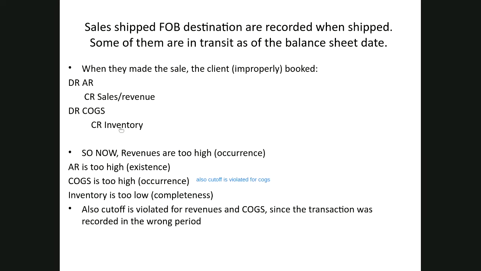Inventory is kind of the standout here because it winds up being too low because they credited it and they shouldn't have. So inventory has completeness violated in this case. Oh, I see, and I wrote the cutoff is violated for revenue and COGS down here. Okay, all right. So that is essentially the first one.